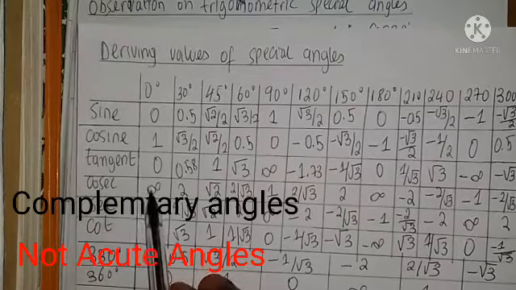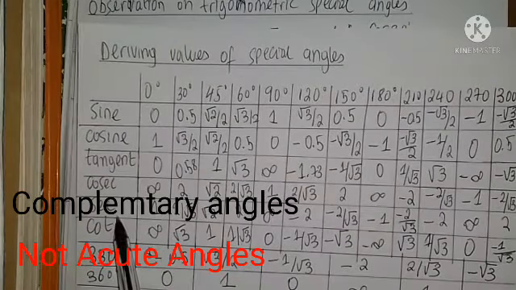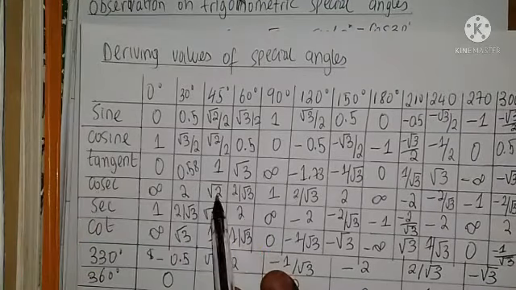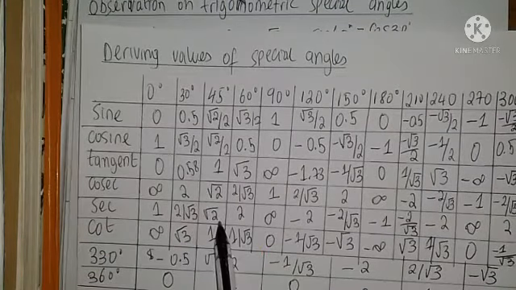The same goes with sec and cosec. Now let's say I'm going to go 45 degree. Cosec 45 is equal to root 2, and sec of 45 is equal to root 2.